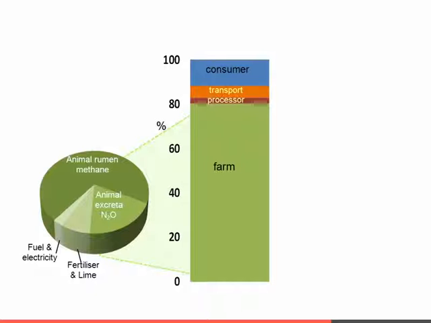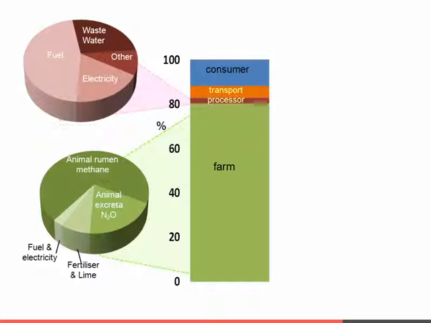If we look at the breakdown at the farm, we heard the previous talk about this. The methane emissions from the rumen tend to be a dominant part of the calculated emissions from the ruminant animals. Also the dung and urine from those animals with nitrous oxide emissions. And in fact, the fuel and electricity component were really quite small.